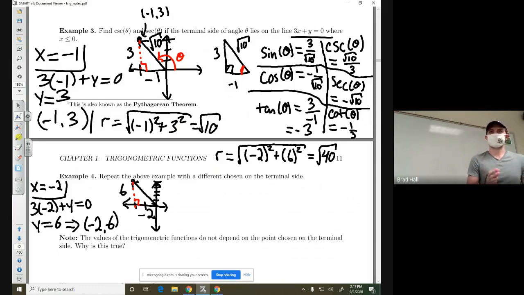So you don't have to simplify radicals in this class either. That sounds annoying too. You don't have to do that here. You can if you want, because you could simplify that, but not a big deal. So you find the radius is the square root of 40. So we can go ahead and fill that into our triangle. So that is the hypotenuse value.